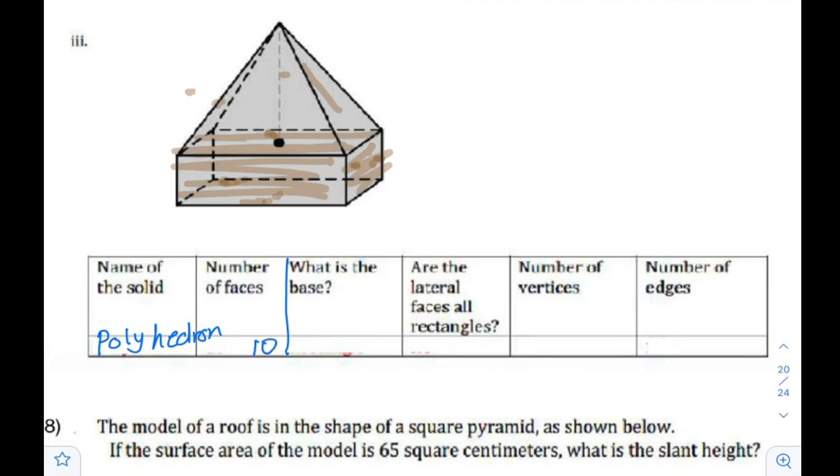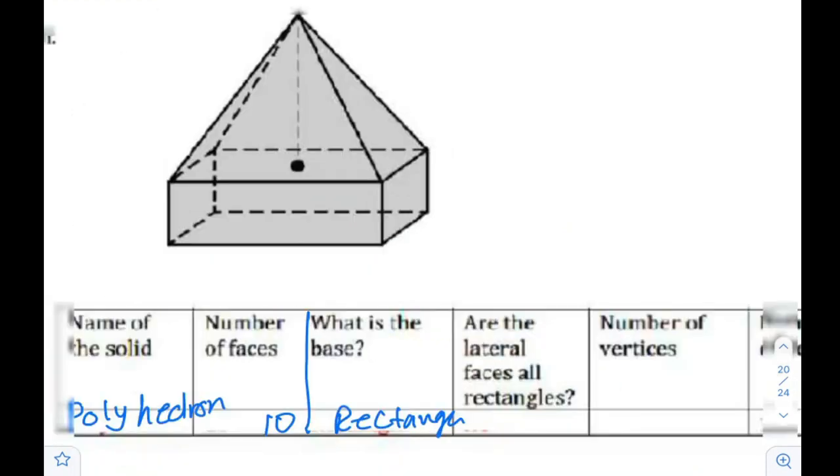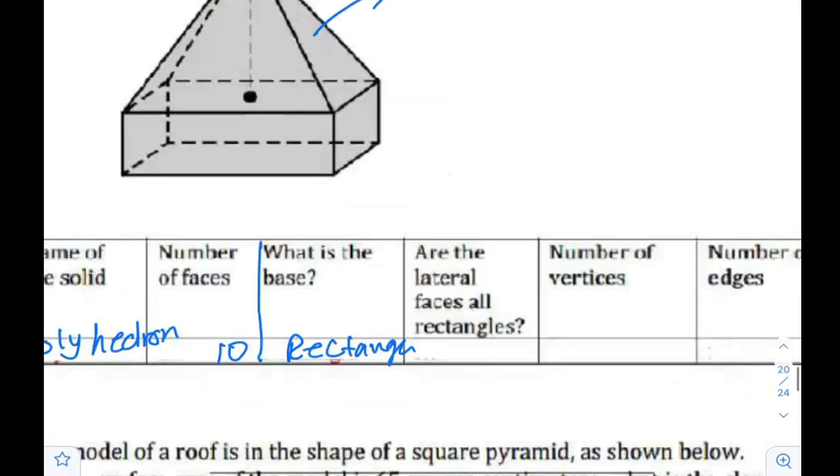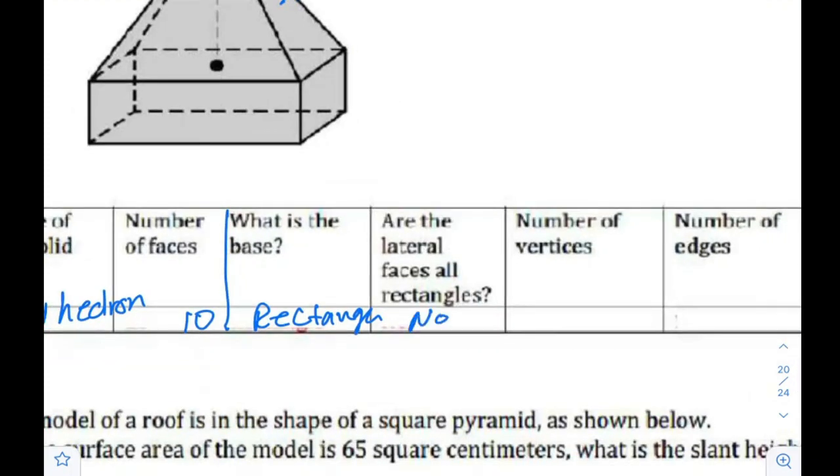The base here is a rectangle. Are all faces rectangles? No. If it were a rectangular prism, yes, but this one is a triangle. In our case, no. We have triangles as well.